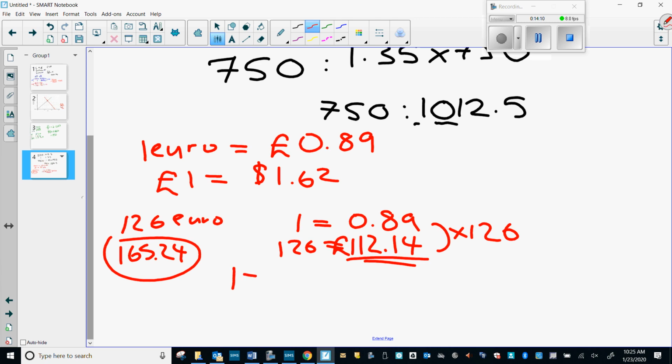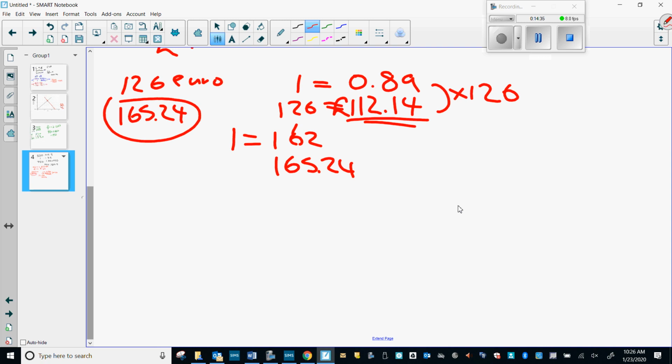If 1 pound equals 1.62 dollars, then you have 165.24. To get from 1.62 to 165.24, you'd times by 102, so the answer is 102.